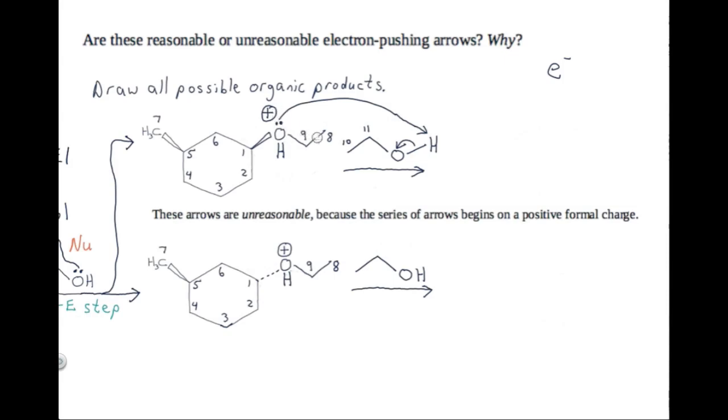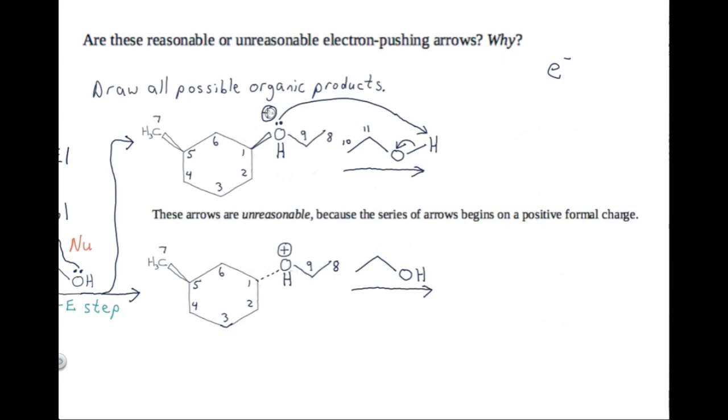Electron-pushing arrows should end, when possible, on positive charges, not begin on positive charges. That should be obvious, but I oftentimes see students write electron-pushing arrows like this because they say that the oxygen can donate electrons because of its lone pair. Well, it's true that this oxygen does have a lone pair, but that's not going to make it want to donate electrons because the positive formal charge is more important than the lone pair, so to speak.